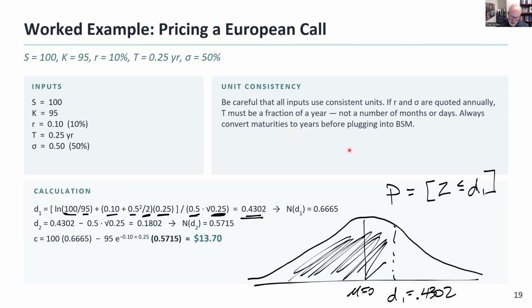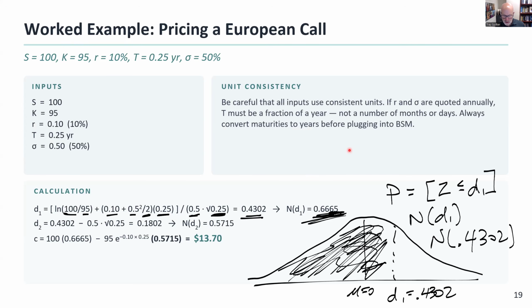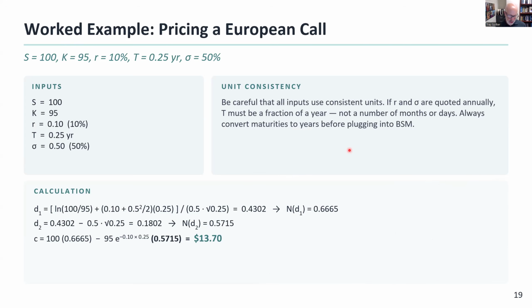So when I look up N of D1, or said differently, N of 0.4302, I get a 66.65% probability of observing a random draw of numbers leading all the way up to this, given the information about the share price, strike price, all that stuff. Okay. We do the same thing for D2.